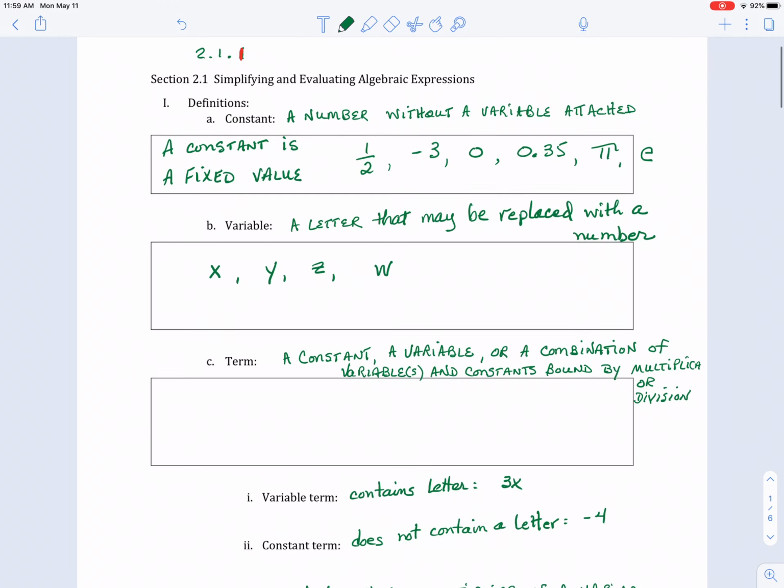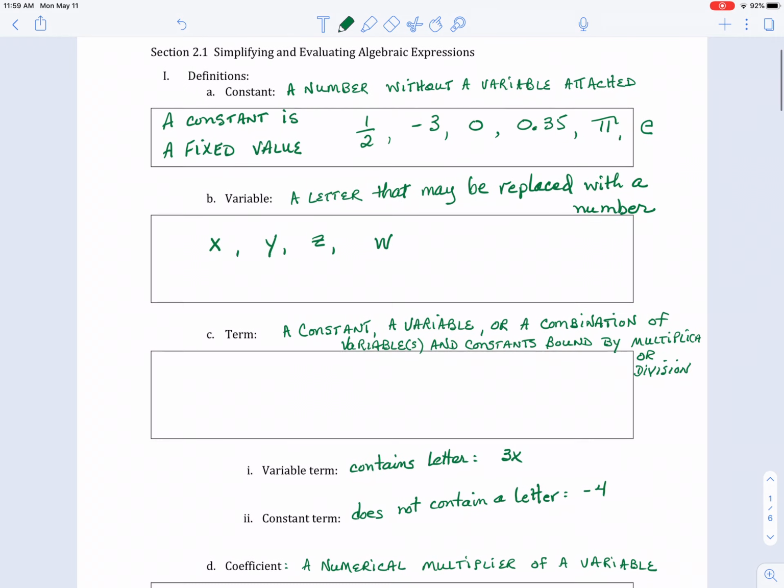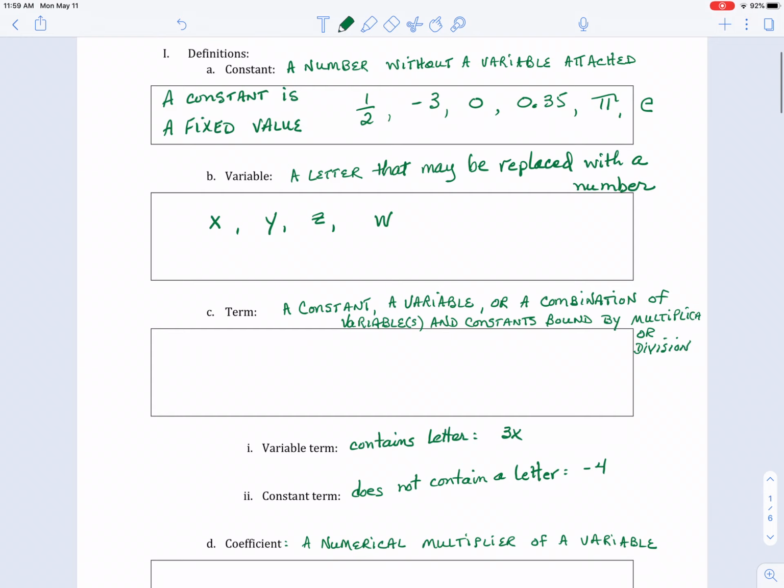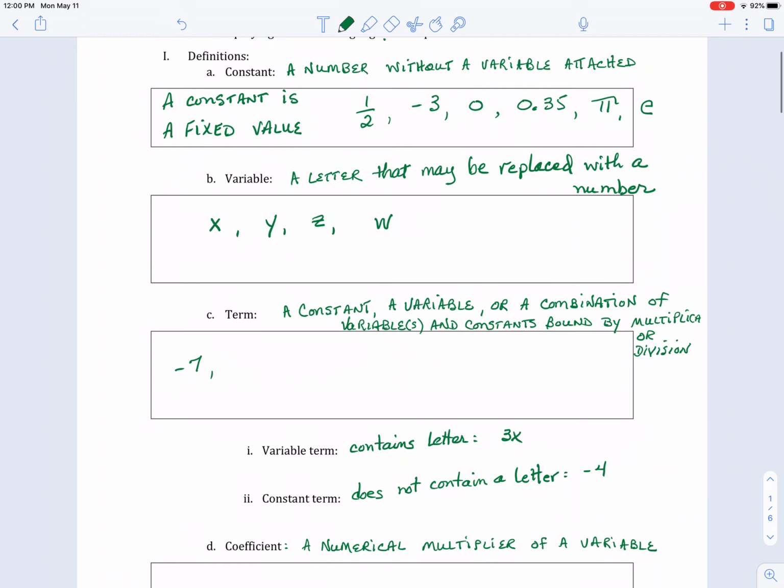This one is very important. What is the definition of a term? A term is a constant, so it can be just a single number, or it can be a variable. So those are both terms.